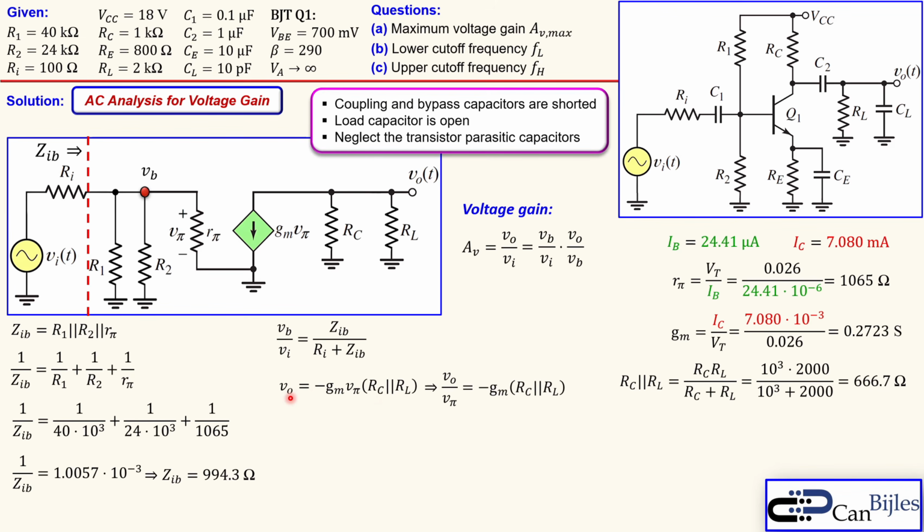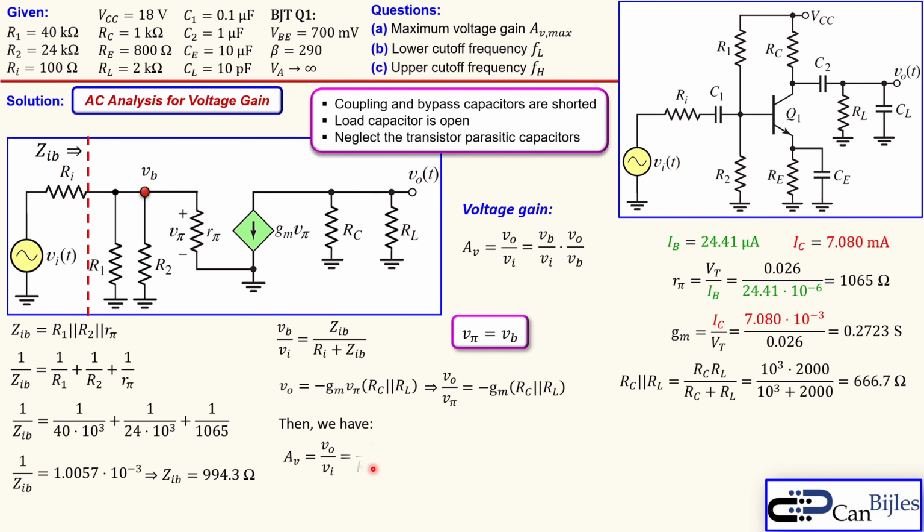We can also give the ratio of VO over Vpi, which is minus gm times the parallel combination of RC and RL. And we know VB is equal to Vpi because that's the exact same voltage, so we can replace that. So VO over VB, the second ratio, is minus gm times the parallel combination of RC and RL.